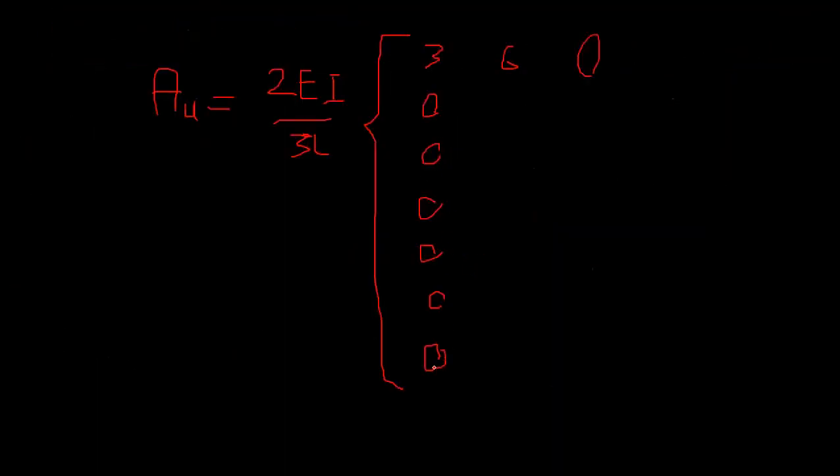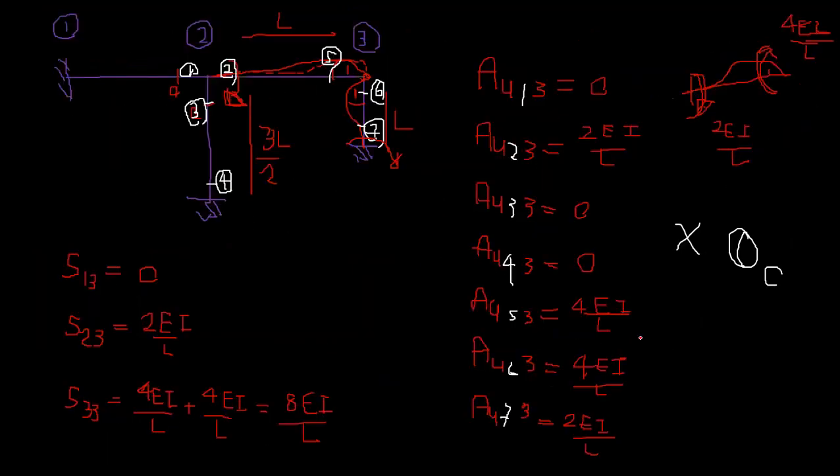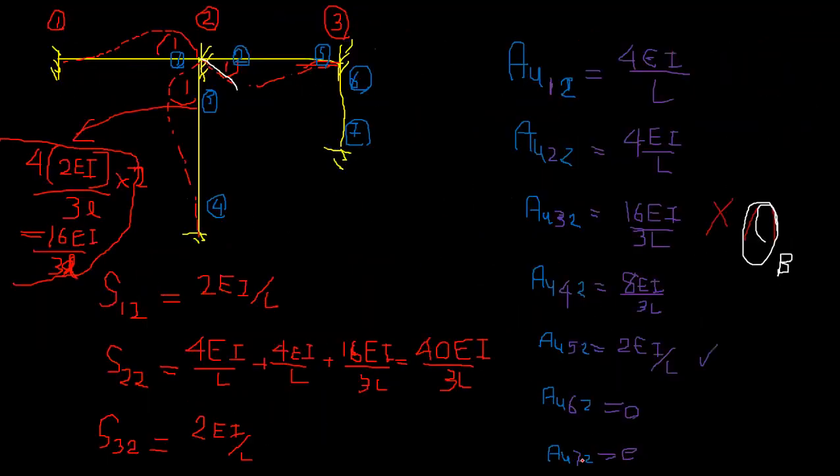Right? So the second column, you would get 6, 6, 8, 4, 3, 0, 0. This is the second column, right? The first notation is the row number.